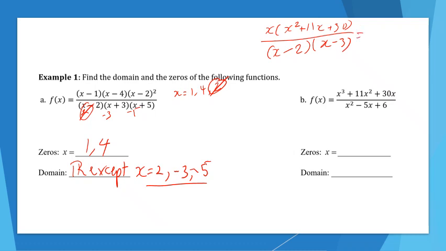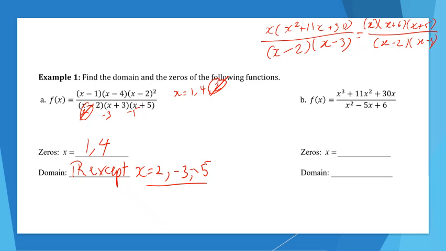And then we can even factor that trinomial in the numerator as x plus 6, x plus 5, over x minus 2, x minus 3.